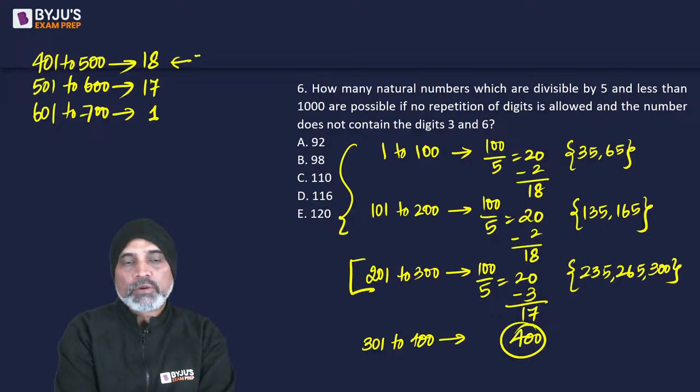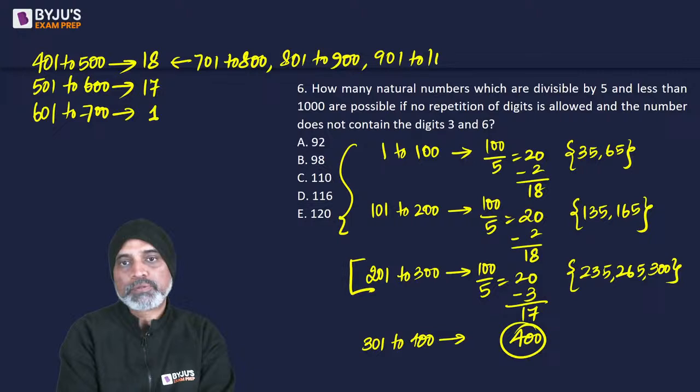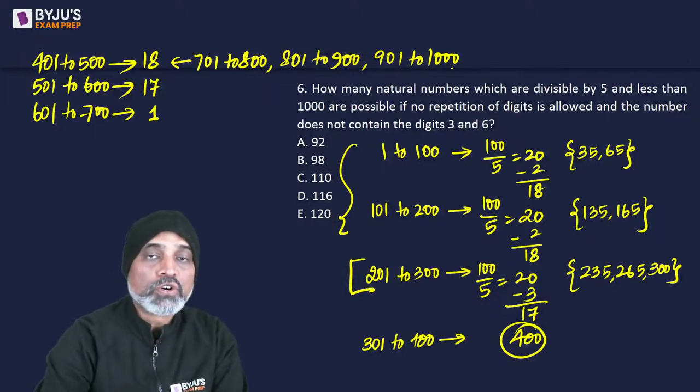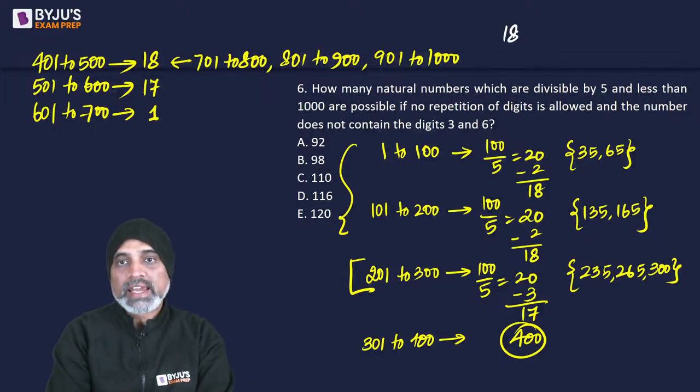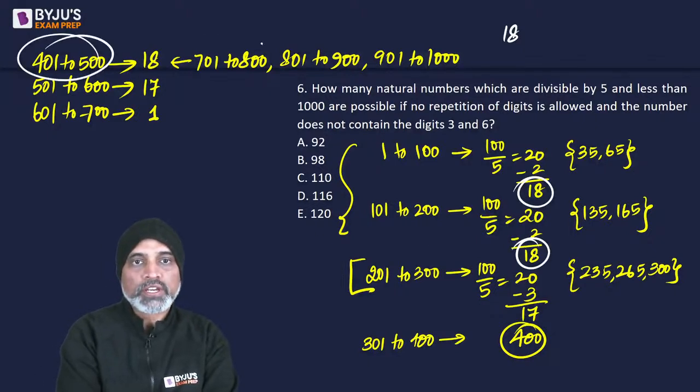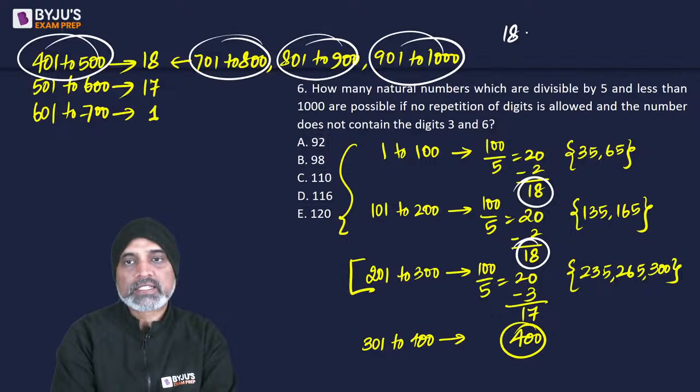Now again, from 701 to 800, we will have the same thing. 801 to 900, we will have the same thing. And 901 to 1000, we will be having the same thing.